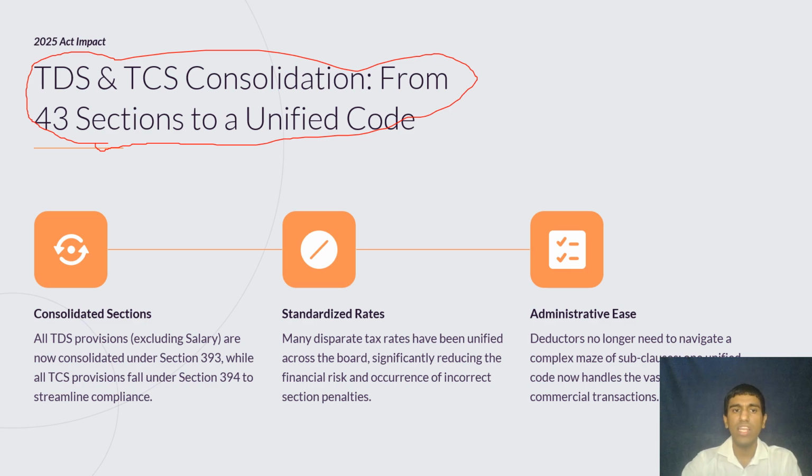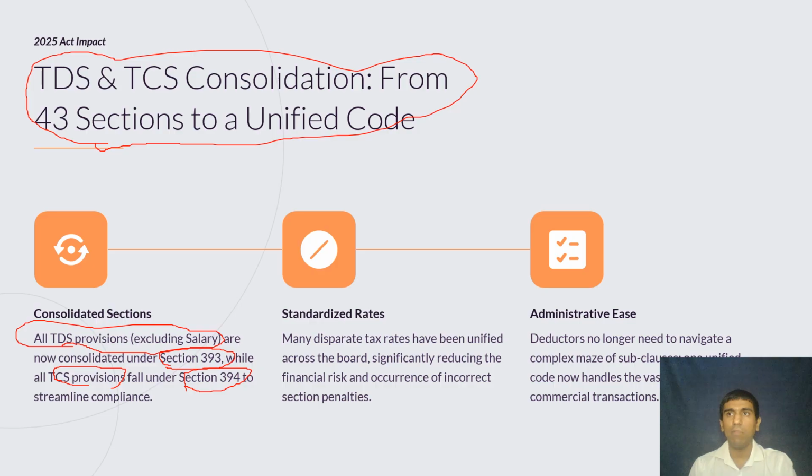Now under the new act, all TDS provisions, salaries excluded, I guess salaries are still section 192, but the remaining TDS provisions are now consolidated under one single section 393. By contrast, TCS provisions are all under one section 394.